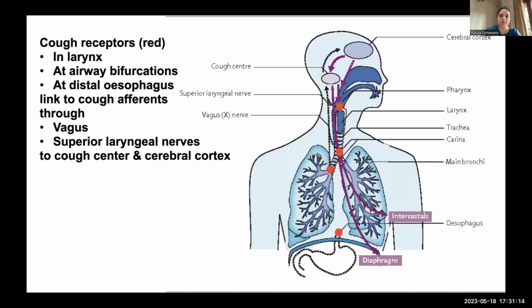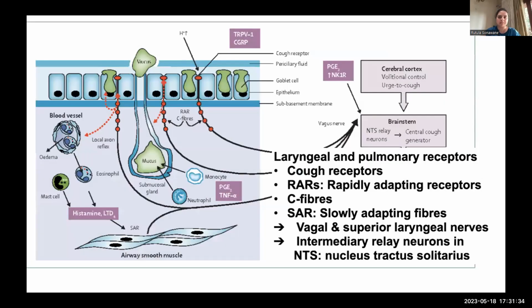Coming to the mechanism, as you can see, there is obstruction, then the air is inhaled, then forced expulsion against the glottis, and then it opens and it produces cough through the vagus and the superior laryngeal nerves. This is just a bit more detail.